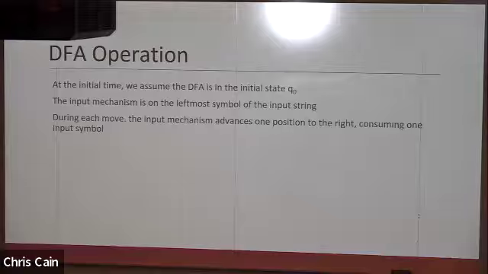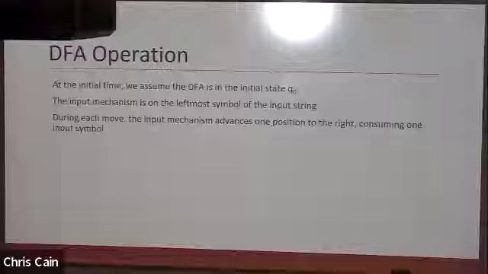For each move, as defined in the last couple of slides, we advance the input mechanism 1 position to look at the next character, and we transition from one state to the next state based on the transition of the character that we read. So this input mechanism will start consuming characters because we can't move backwards to the left. We are always moving 1 position to the right, 1 position to the right, 1 position to the right until we are done.